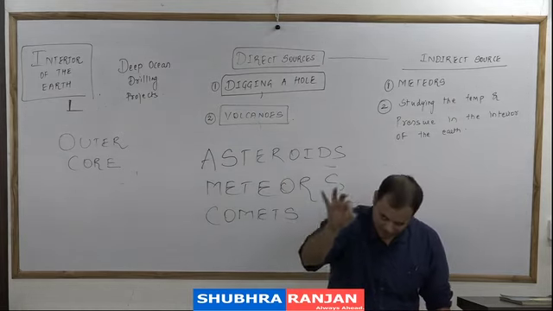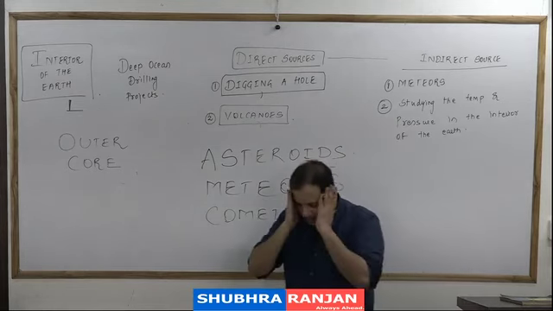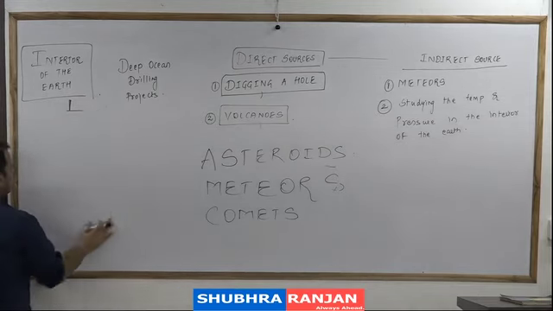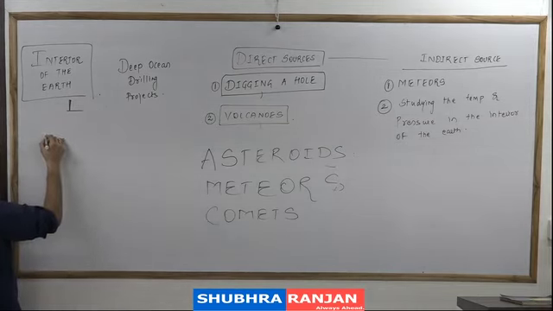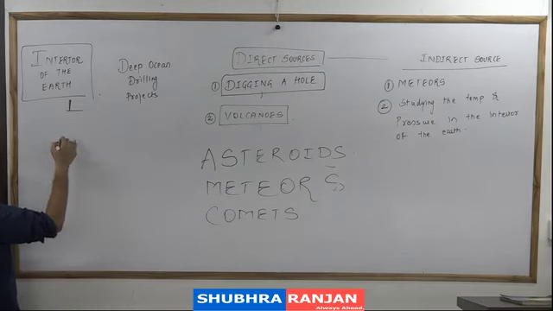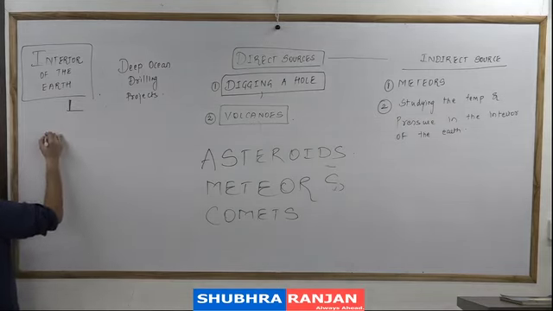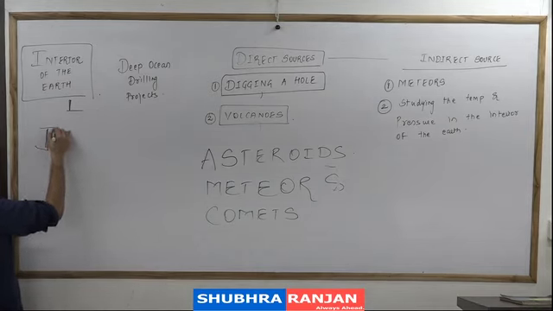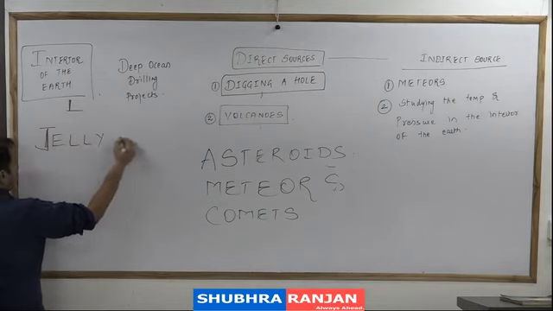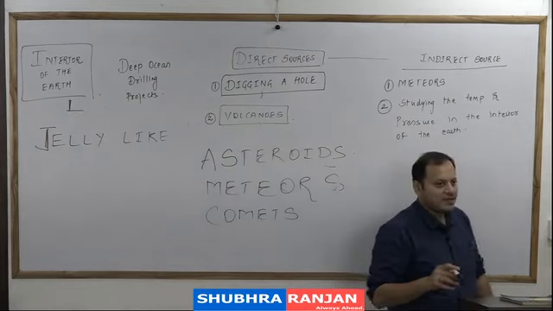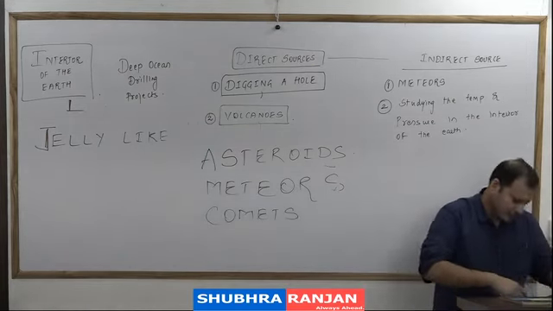Getting it? Now that is the same thing. The asthenosphere, in the bracket up to 200 kilometers, is in a jelly-like format.